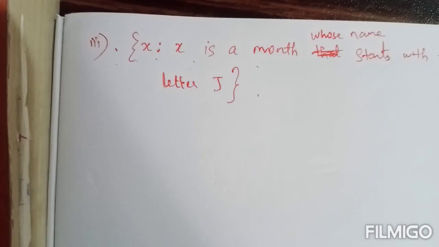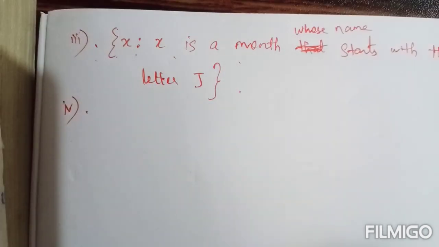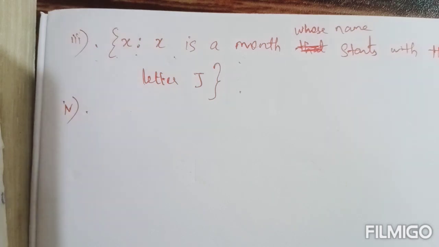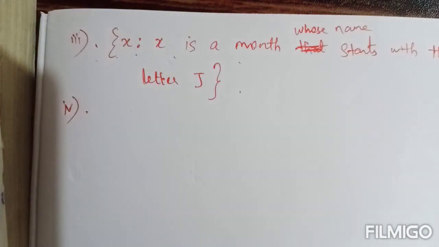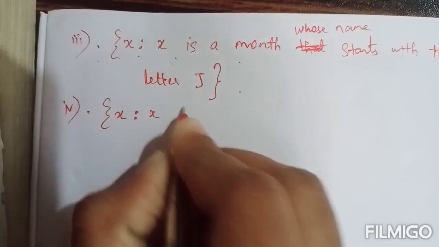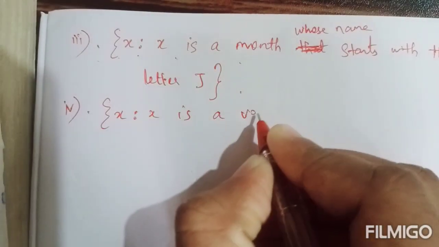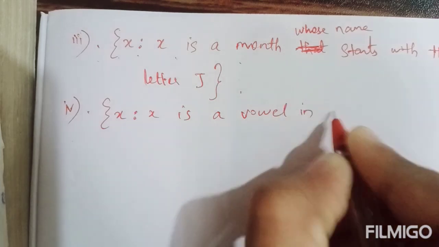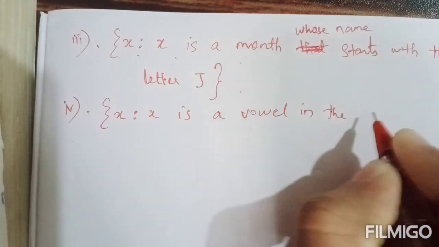Okay. Fourth one, A, E, I, O, U. So we know that they are vowels in English alphabet. So you can write like that. Set of all x such that x is a vowel in the English alphabet.